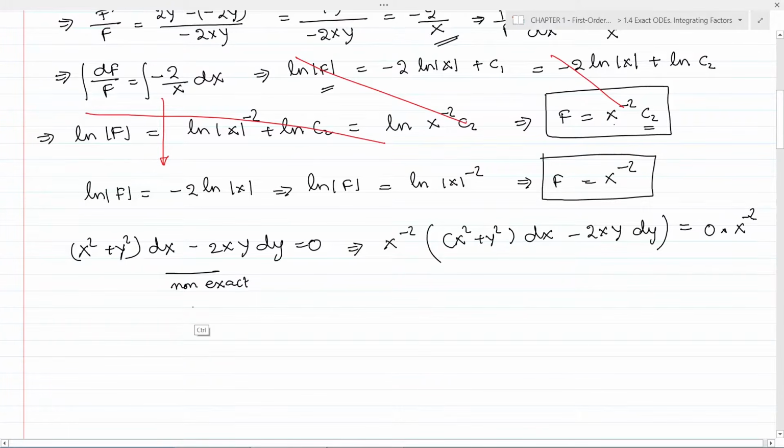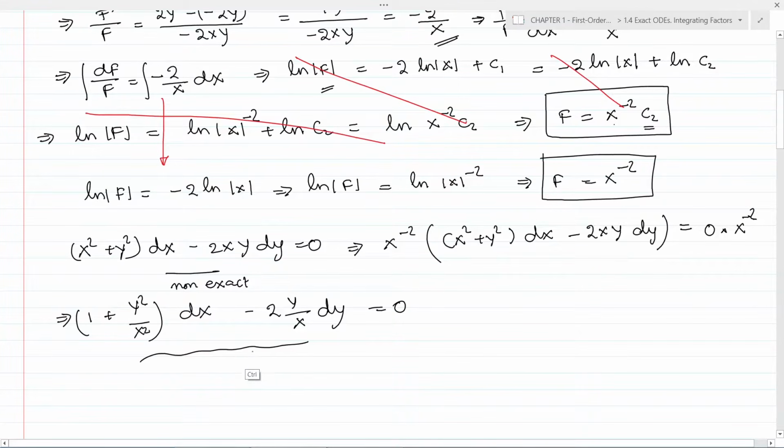Right hand side obviously becomes 0 and left hand side we can write x to the power minus 2 multiplied by x square plus y square is (1 plus y square divided by x square) dx minus x to the power minus 2 multiplied by 2xy is minus 2y divided by x dy equal to 0. Now, this is an exact differential equation.